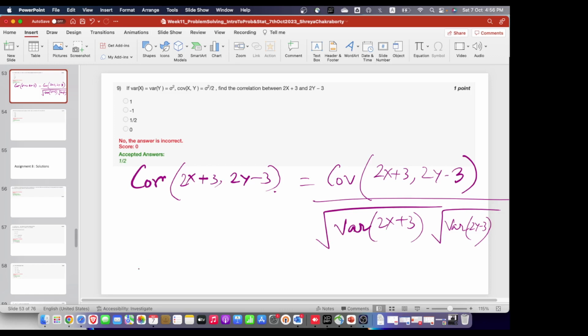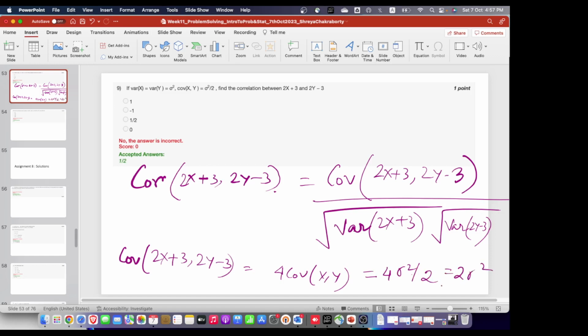So covariance of 2x plus 3, 2y minus 3 is equal to 4 covariance of xy, which is equal to 4 sigma square by 2, which is equal to 2 sigma square.